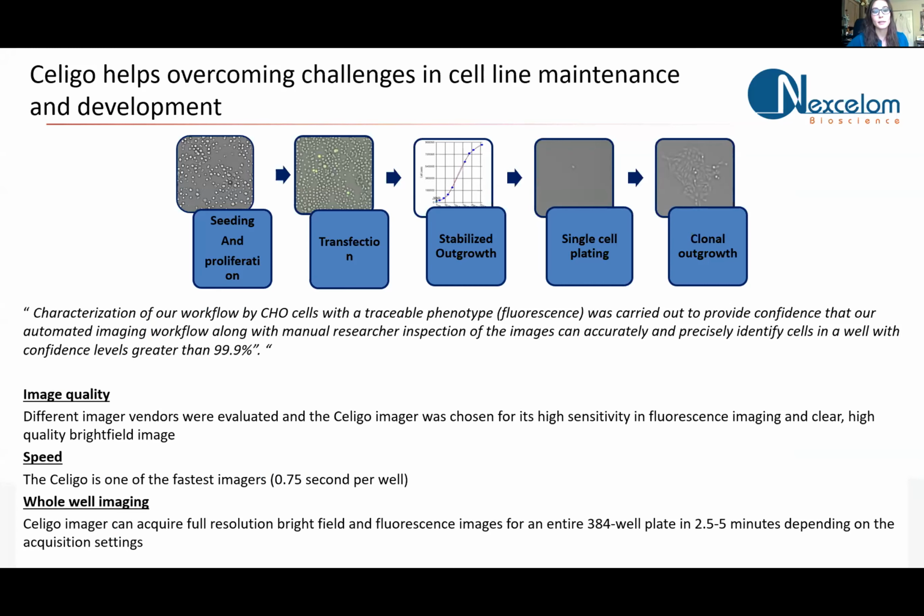So you can utilize it to monitor workflow steps such as your initial proliferation and outgrowth, transfection with traceable phenotypes, where you can monitor transfection efficiency, select cell cultures that have stabilized outgrowth. And then, of course, when you're isolating for monoclonality, you can actually detect single cell per well to verify, before you monitor your colony, that those colonies actually came from a single progenitor and not a potential doublet.